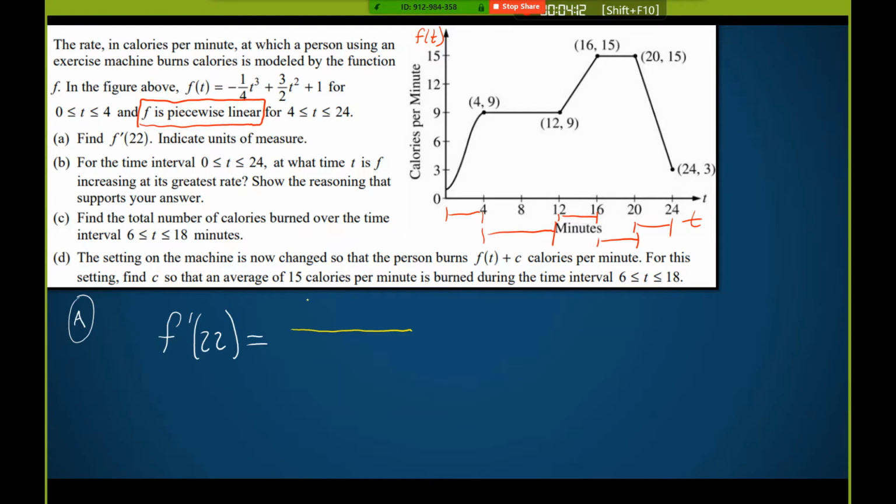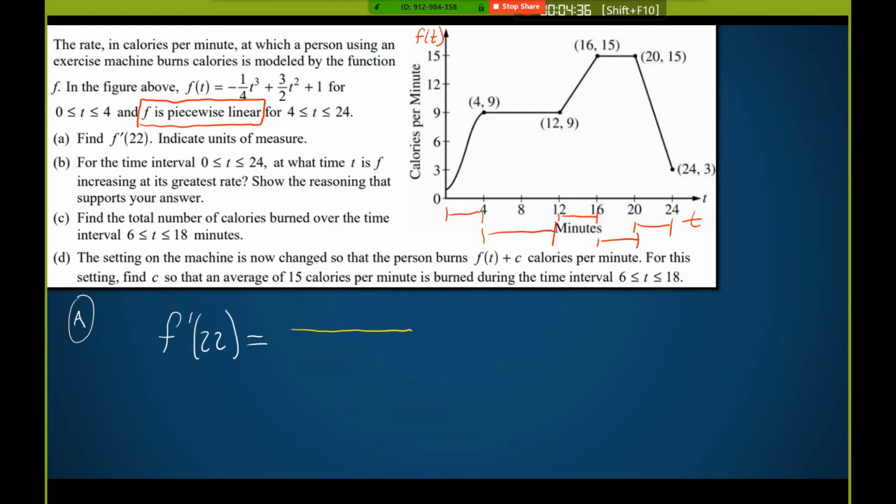The slope between 20 and 24. Yep, between 20, 15 and 24, 3, what would the slope of that line be, since we were told it is linear? 12 over negative 1... Perfect.